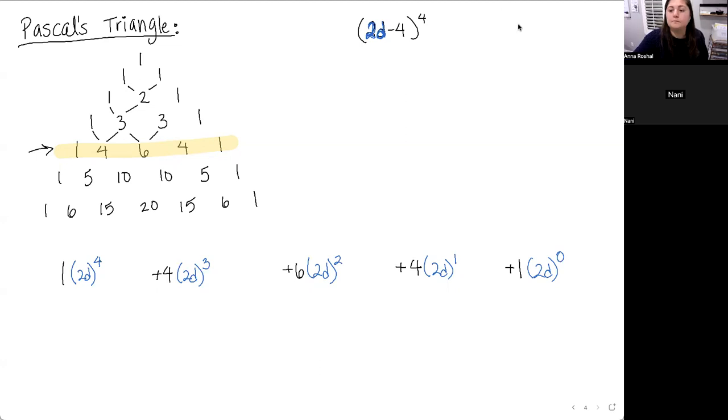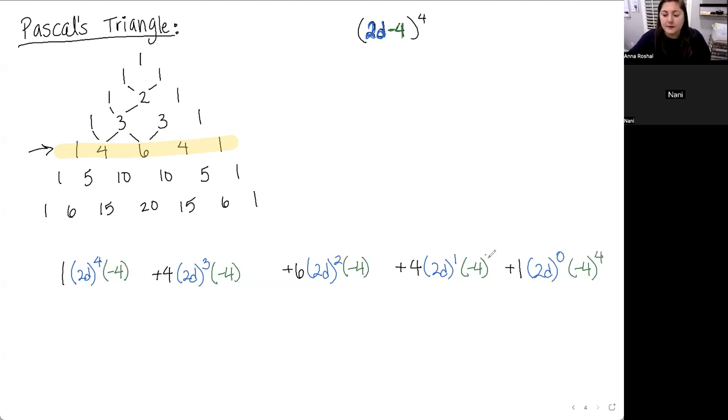Okay. And then I'm going to do the same thing with 4, but I'm going to make it negative because this is minus. So I'm going to put -4 in each of these terms. And in here, I'm actually going to also start with 4, but I'm going to start with 4 at the very end.